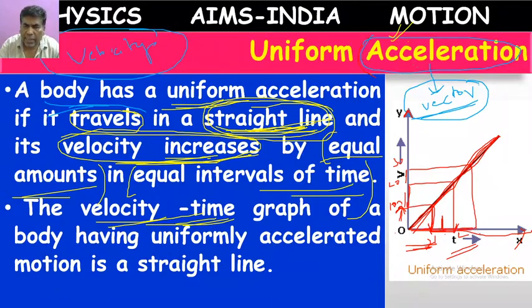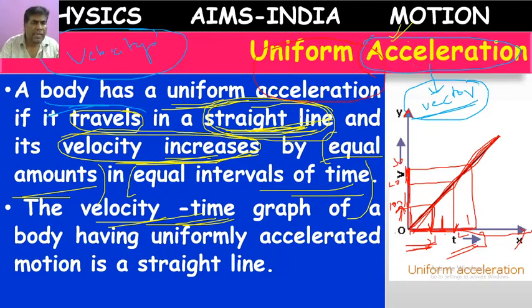Again 2 to 3, in this 1 second, what happens to velocity? 20 to 30. Again 10 meter per second increased. Here time is changing, velocity is changing, but how? Equal amount of time, equal amount of velocity changing. So this is called uniform acceleration.